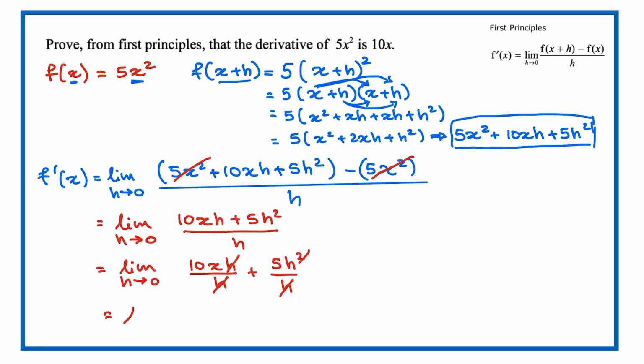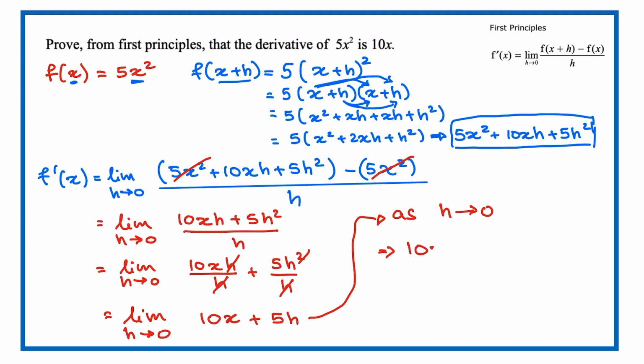So I'm left with, as the limit as h goes towards 0, 10x plus 5h. We know that as h approaches 0, this becomes simply 10x plus 5 times 0, and therefore leaves us with an answer of 10x as our final answer here.